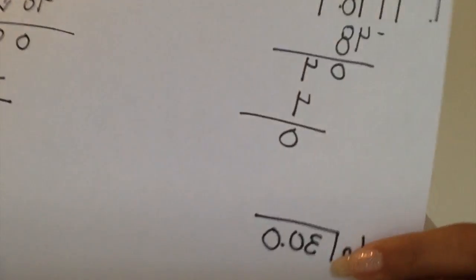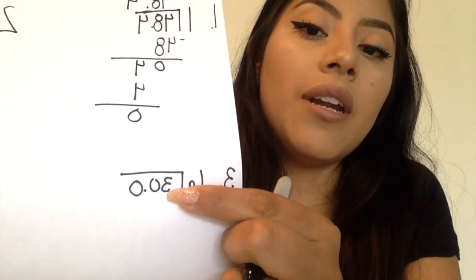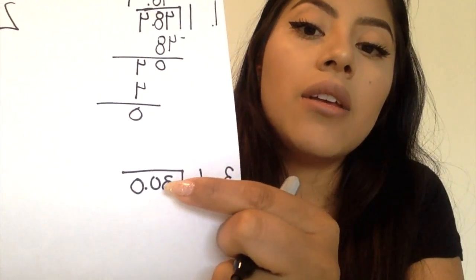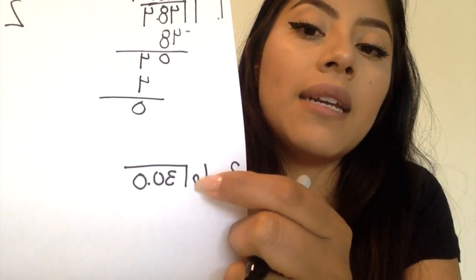So let's start again with the third one. Our problem is 30 divided by 6. So let's start with our whole number. How many times does 6 go into 30? 5 times, correct. Let's go ahead and put 5 up there. 6 times 5 is 30.